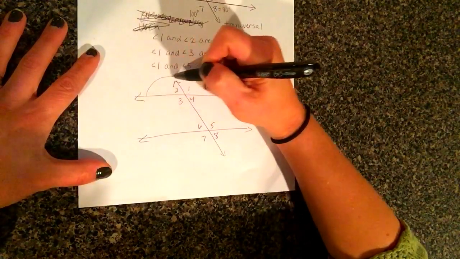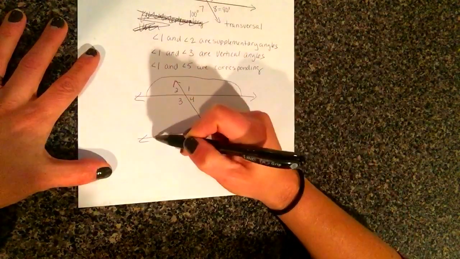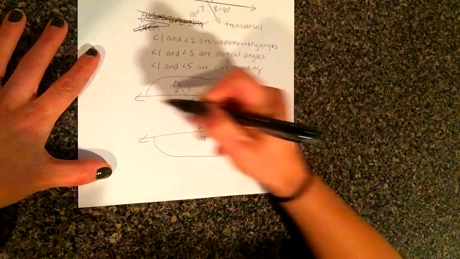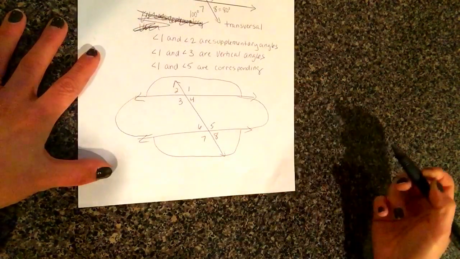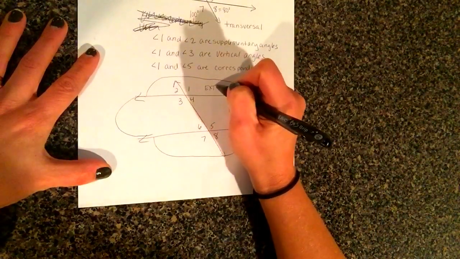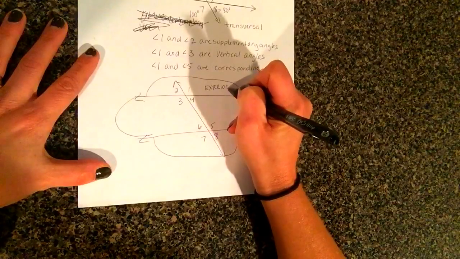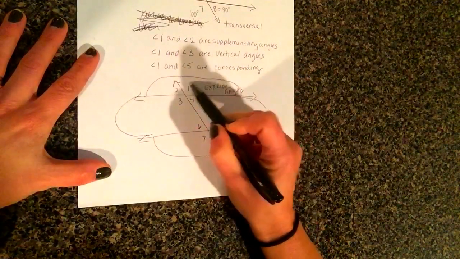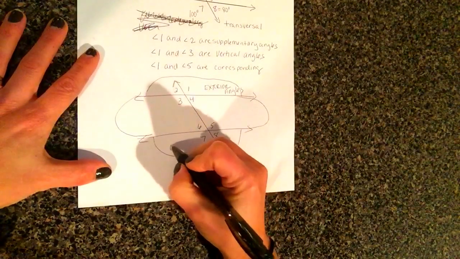I had you draw that hamburger, or I think it was a cheeseburger actually, and we talked about which angles are inside and which angles are outside. And we call the outside angles exterior. So the ones in the bun are exterior angles.